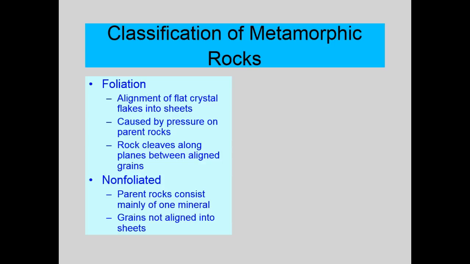If they are, they're well foliated. Now this is caused by pressure on the parent rocks. Some of that pressure could be fusing the sheets together, others could be keeping them apart. The rock cleaves along the plane between the aligned grains, and that's what your slate is. Slate roofs, because they come off in definite sheets.